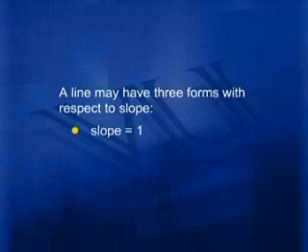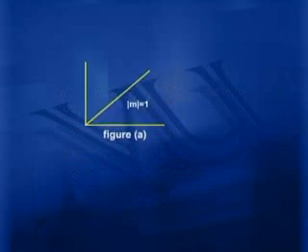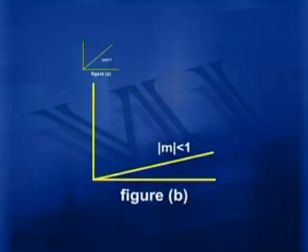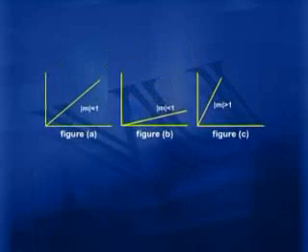When we're talking about lines, lines can have 3 different forms depending upon their slope. A straight line can have its slope equal to 1, less than 1, or greater than 1. All 3 cases are illustrated in this figure. In figure A, the slope is equal to 1.